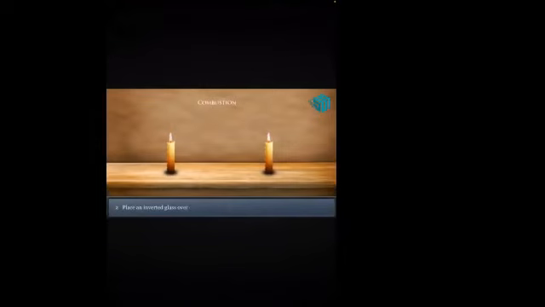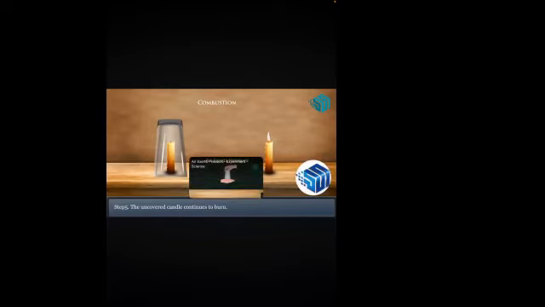Place an inverted glass over one candle. Step 3. The flame of the candle flickers, produces smoke and gets extinguished. Step 4. The candle burns only as long as the oxygen is present in the inverted glass. Step 5. The uncovered candle continues to burn.